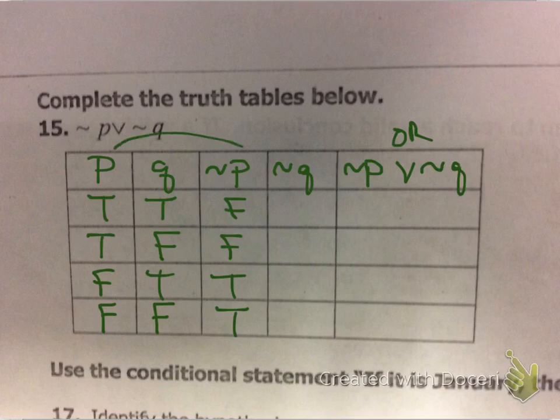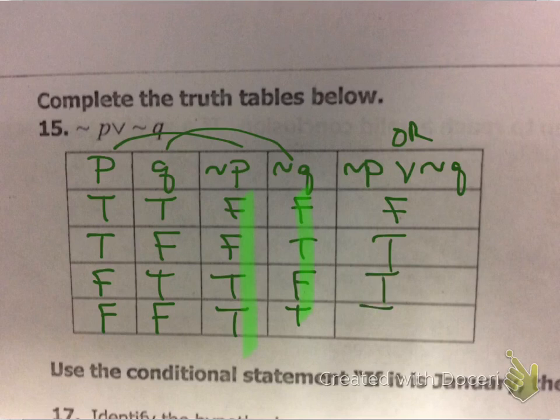I'm comparing these two right here, false, true, false, true. And this is or, and with or, I just want one of those two to be true. Now I'm looking at these two parts right here, and I can see false, true, true, true. Because again, true, true, true. That's all you've got to do there.